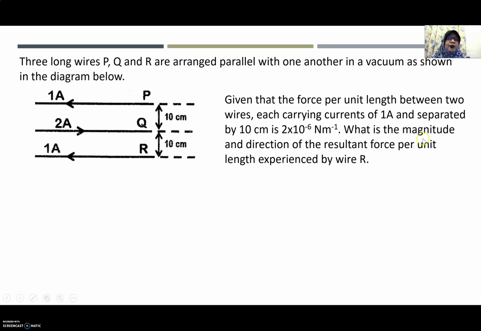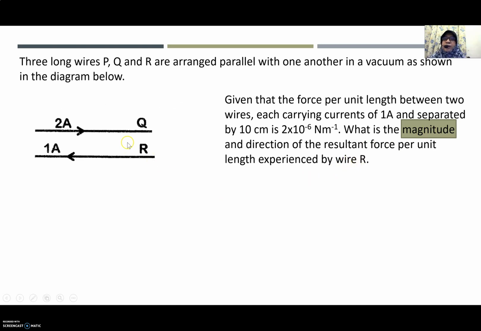Okay, we are going to find the magnitude of the resultant force on wire R. We start with these two wires first, Q and wire R. So we use grip rule to determine the direction of magnetic field by wire R. Direction of current is to the left, and the other fingers show the direction of magnetic field.